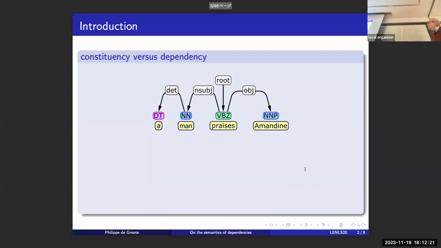If we are doing dependency parsing, we do not have any longer a tree. Okay, we have seen that sort of structure in the previous talk. And in that sort of parsing, what we have are just dependency relations that correspond to functional relations between words.